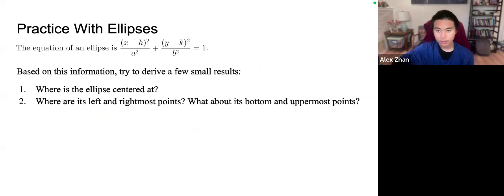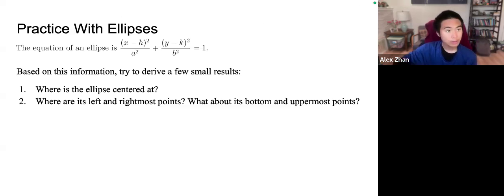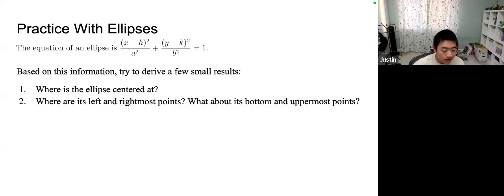So practice. Justin will show you some practice exercises and how to get certain special points of the ellipse. Feel free to work on this and send us your answers if you get them.